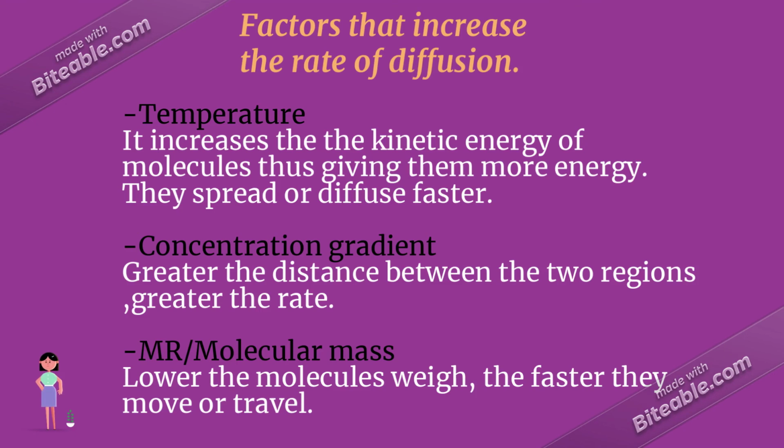If you weigh a lot and the other person weighs less, then the person who weighs less will be able to travel faster. Similarly, in this case, when the Mr or the molecular mass is lower, which is different for every atom on the periodic table, the atoms or molecules will be able to travel faster, and the rate of diffusion will be faster. If you decrease those factors that I have just explained, then the rate of diffusion will decrease.